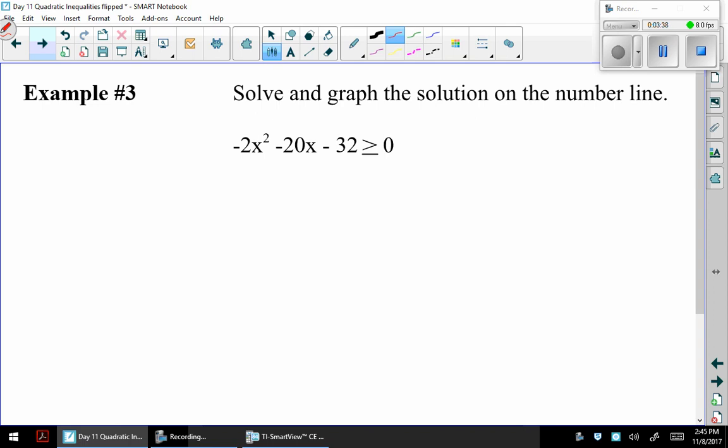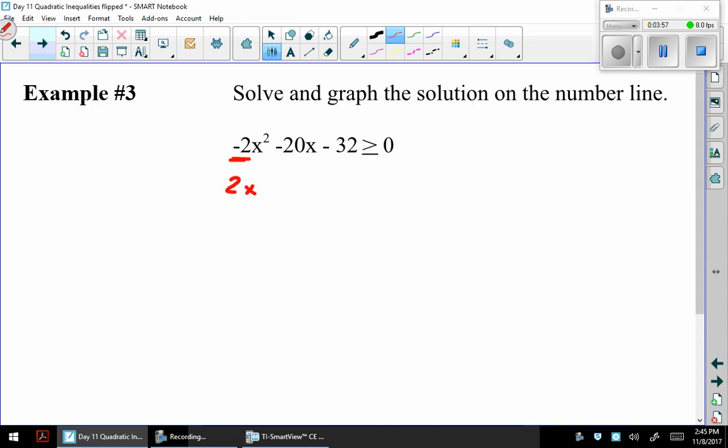Let's remember a trick you learned back in middle school. If you ever multiply or divide by a negative, you must flip the inequality. I don't like factoring if it has a common term, so let's divide everything by negative 1.